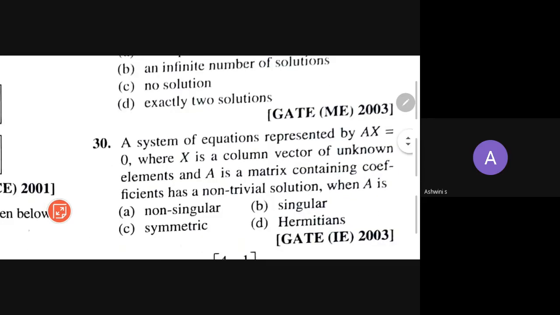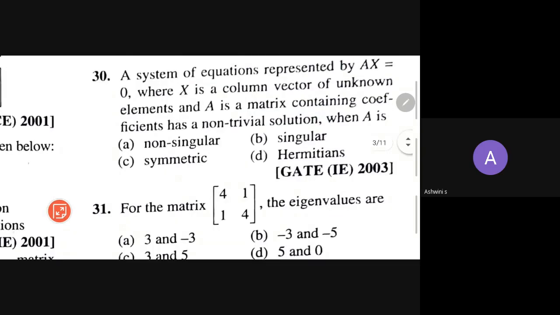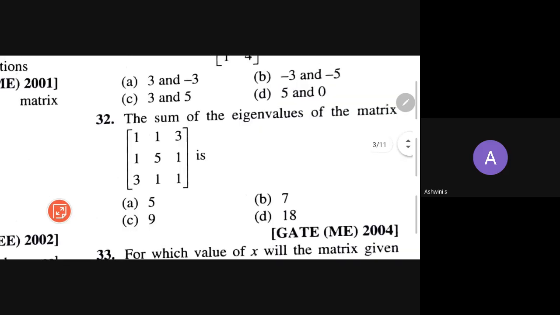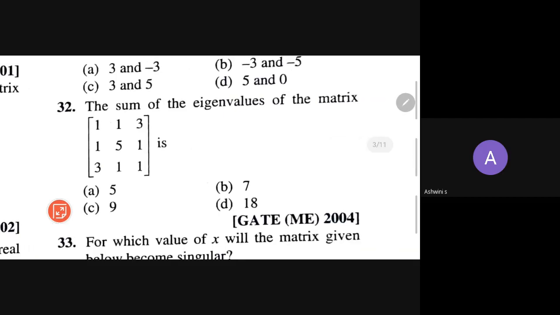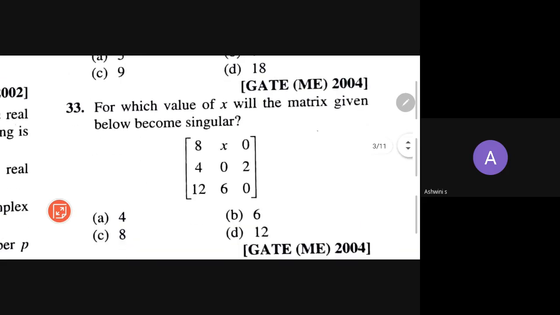I'll go for the next, because I have not discussed Hermitian and skew Hermitian. For the matrix, the eigenvalues are, okay, this you can straight away bring, again the same one. We don't want to discuss the same type of problem. Okay, this is also trivial. For which value of x will the matrix given below become singular? 33rd question.